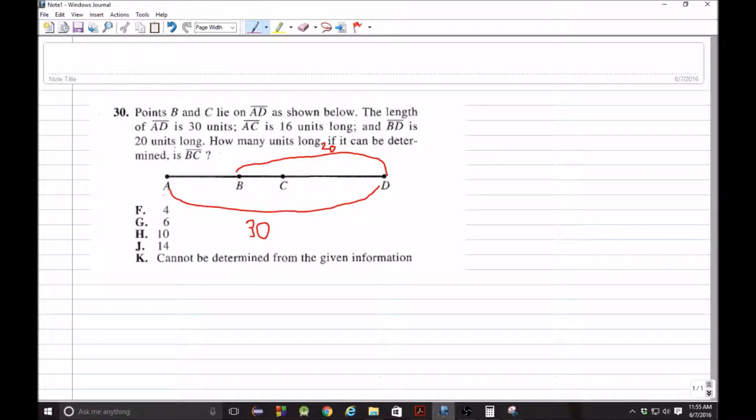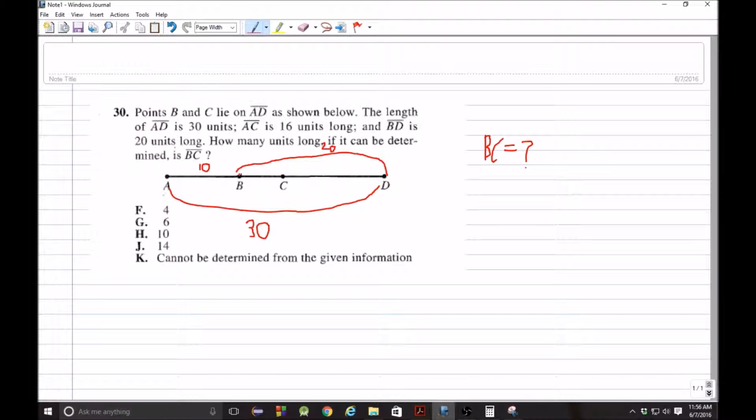And we want to know what BC equals. Well, how do we do this? Well, we can find the length of AB, which is 10, because 30 minus 20 is 10.